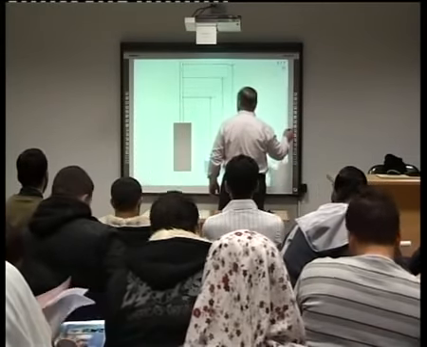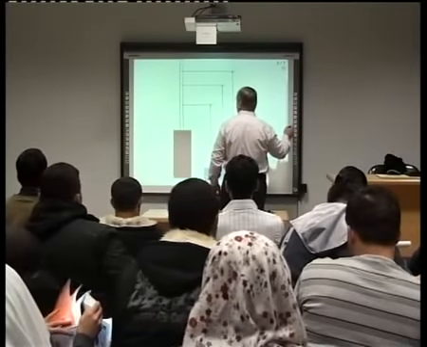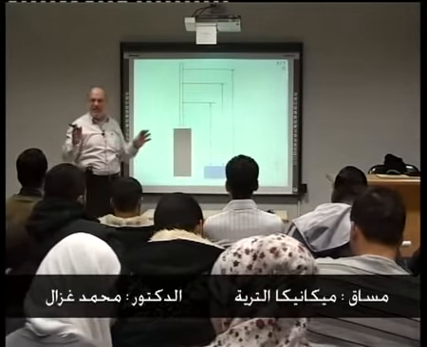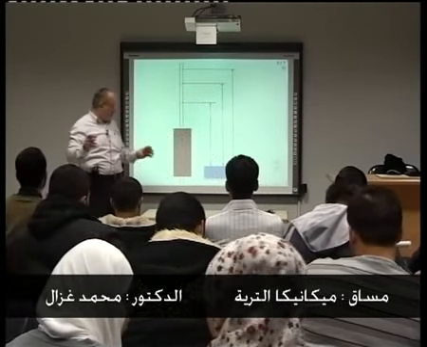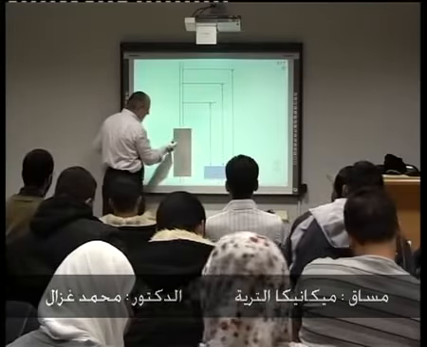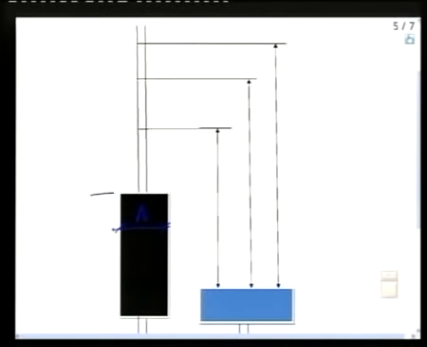Okay. Now let me see how it is. Almost we have the same components: container and soil sample with cross-sectional area A, and with length L, and with container here to get the water.